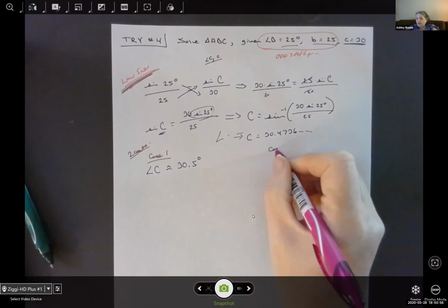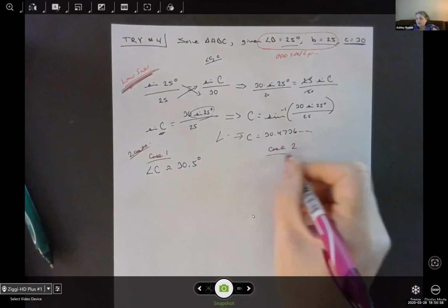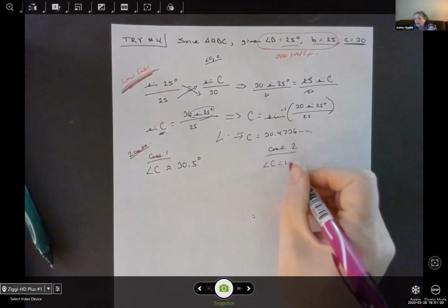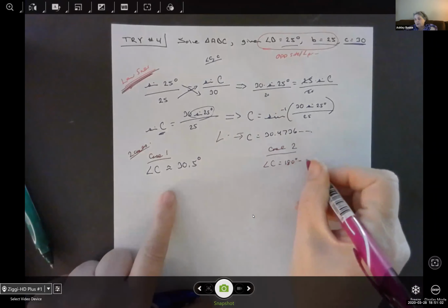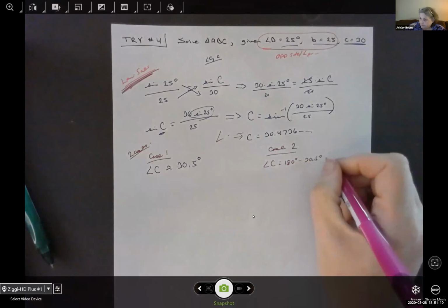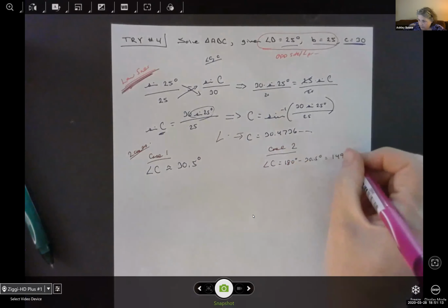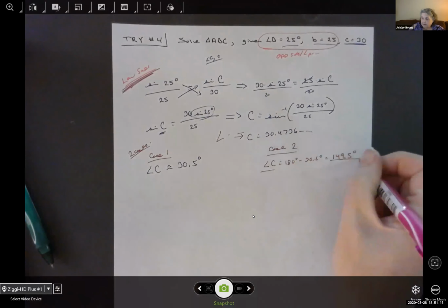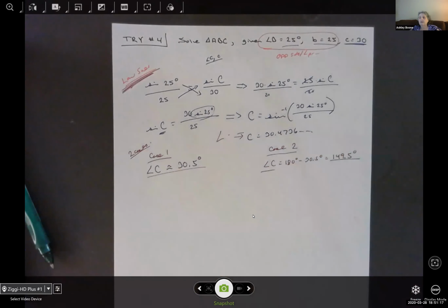Case two is going to be that angle C is the supplement of that, 180 minus 30.5 degrees. So 180 minus 30.5 is 149.5 degrees. So we have two possibilities for angle C there, okay?